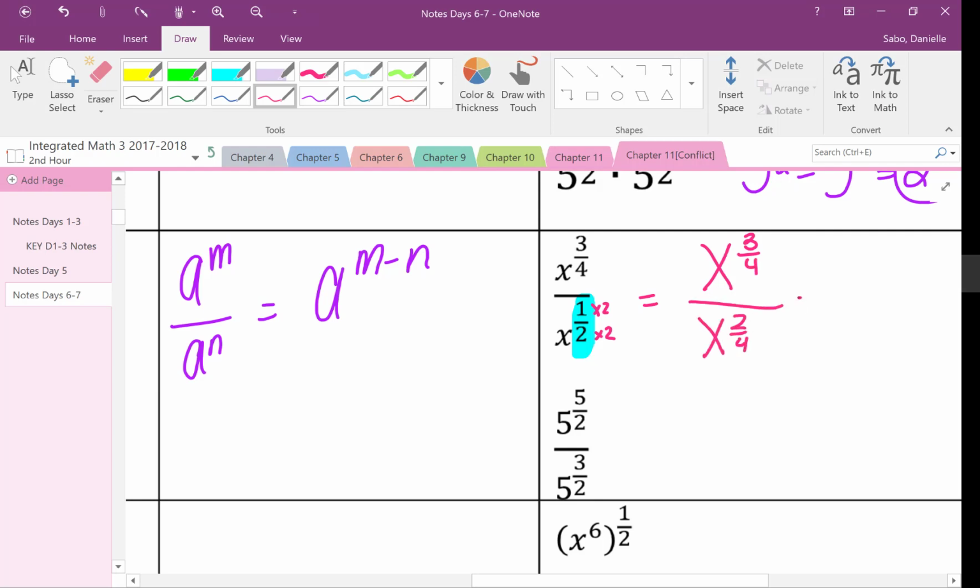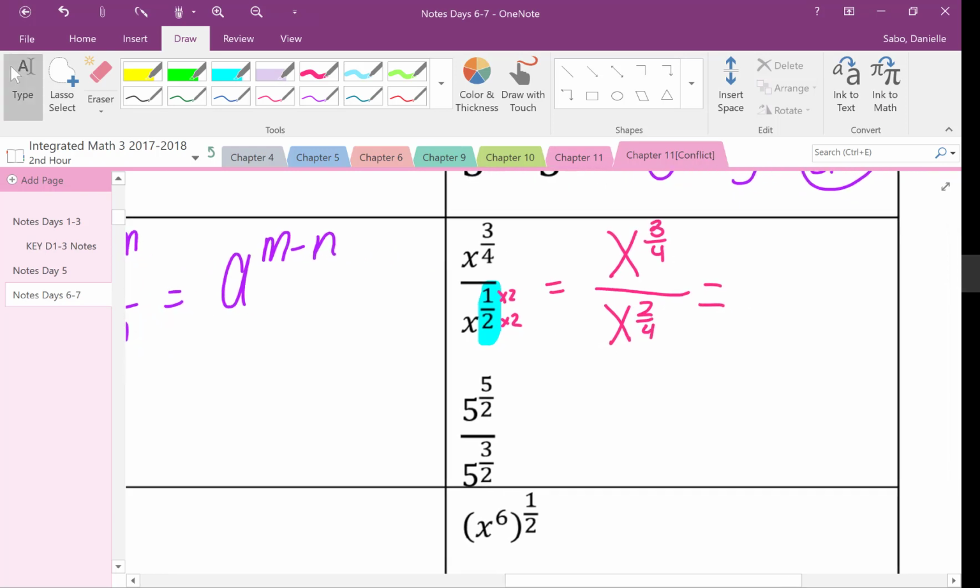Very good. So then all I do is subtract them. What am I left with when I subtract my exponents? Yeah, x to the 1/4 on the top. Very good. Go ahead and try this other one, which should be even easier because it already has common denominators.